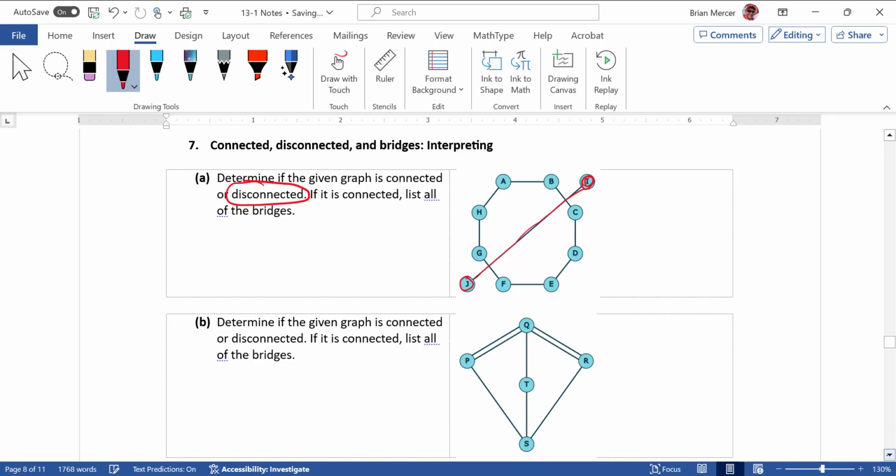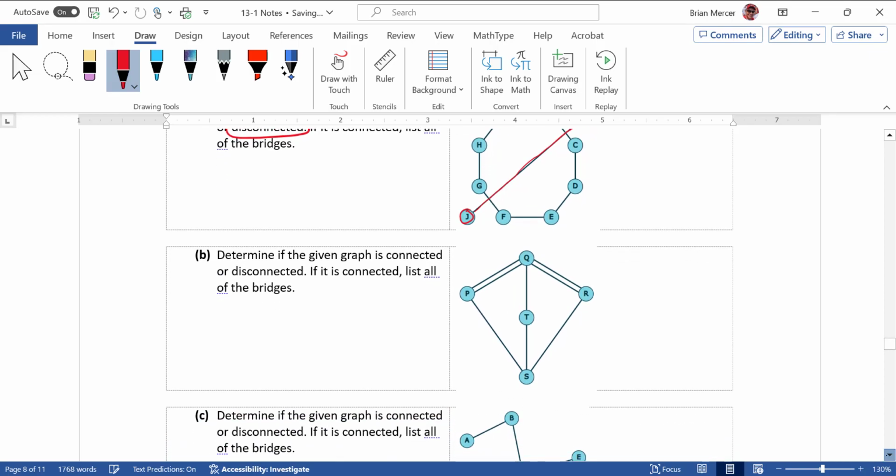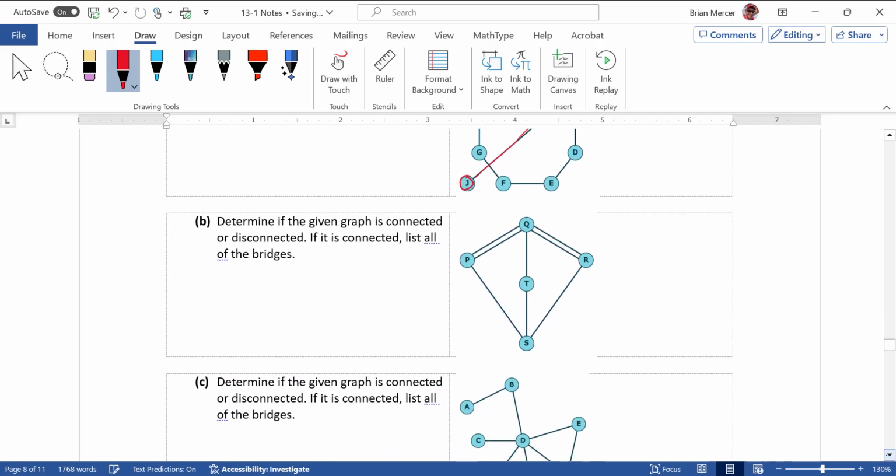If we move down, same directions, connected, disconnected, or what, and if it is connected, then we list any bridges that we have. So that one is, if you look at everything is connected, so you can get from any point to any of the other points.